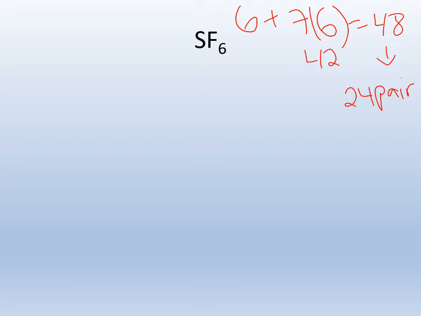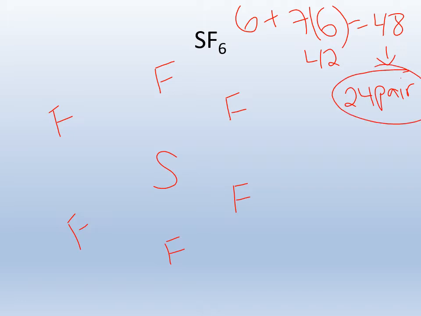So sulfur goes in the center, and I'm just going to draw my 6 fluorines around it. And then we connect everything to the center with a single bond, and we have got 24 pairs. 1, 2, 3, 4, 5, 6. I've used 6 pairs. We now add electrons to the outer atoms to get all of my fluorines with 8.